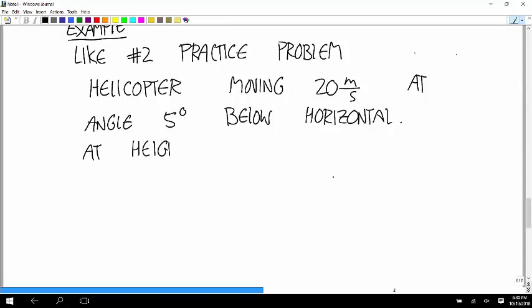And when the helicopter is at a height of 30 meters, an object is dropped.